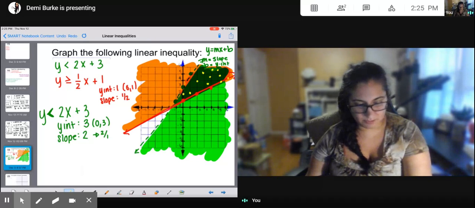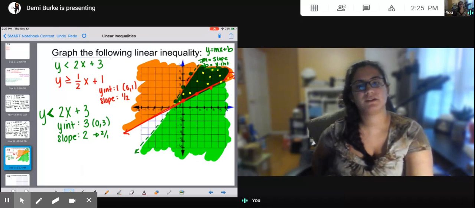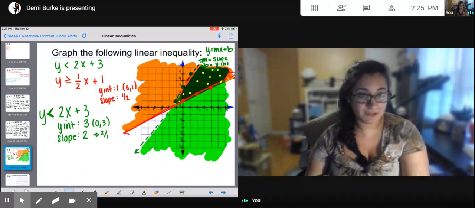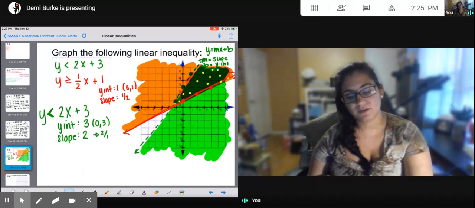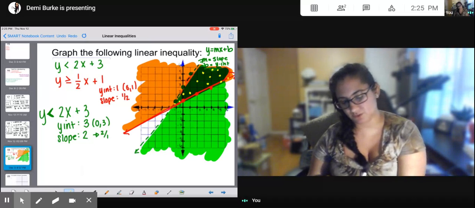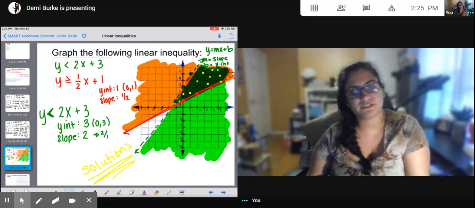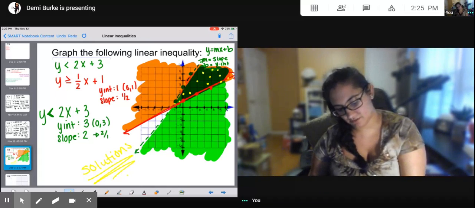They can be points on the origin. They can be in that little baby space down there where they meet. Any point that is in yellow right now, or any of the infinite amount of points that are in there, those are all considered solutions. Your solutions are in the overlap.